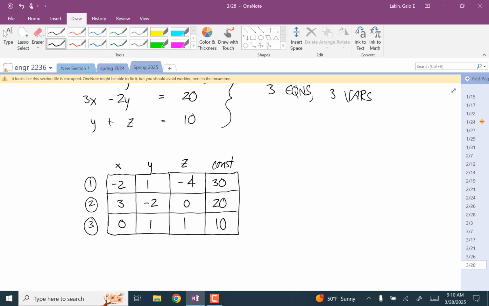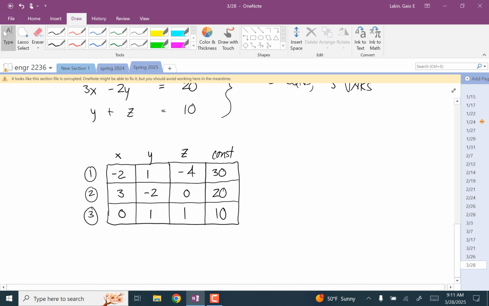So if you just type RREF into Wolfram Alpha into the search bar, it'll bring you to the place, and it's pretty easy to figure out how to enter it.